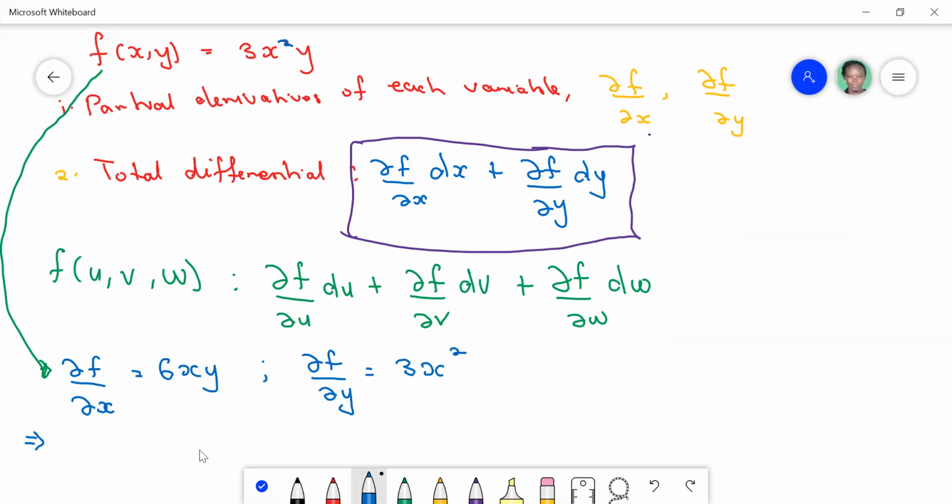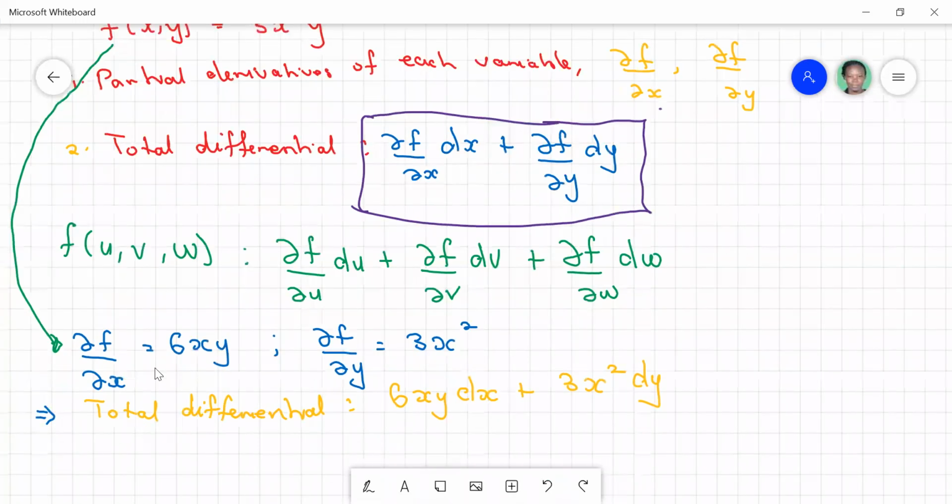This implies that my total differential is going to be 6xy dx plus 3x² dy. This is the total differential you are looking at. Let's take another example.